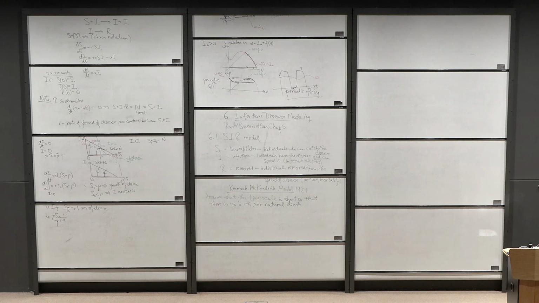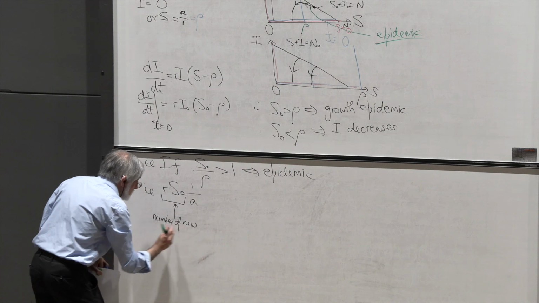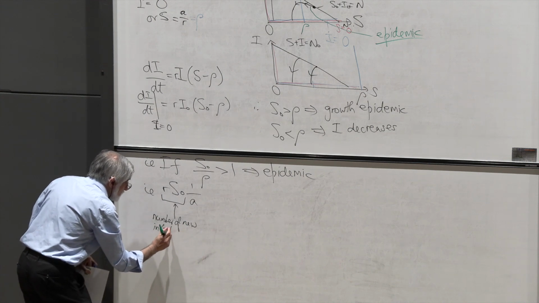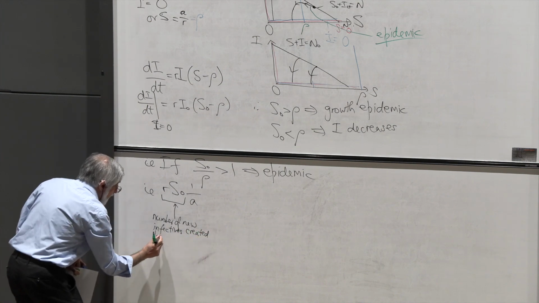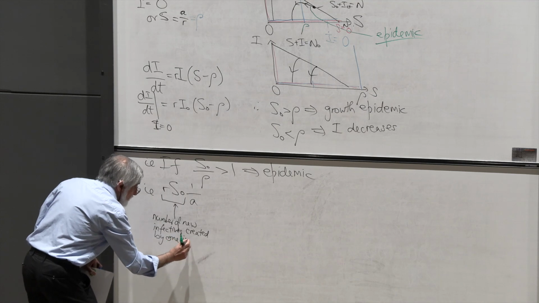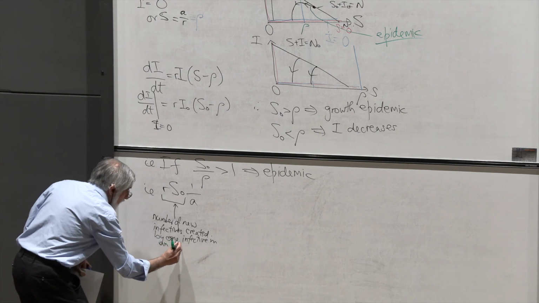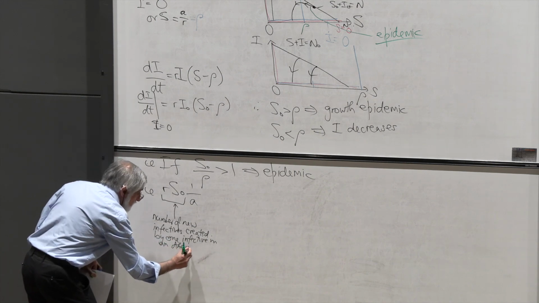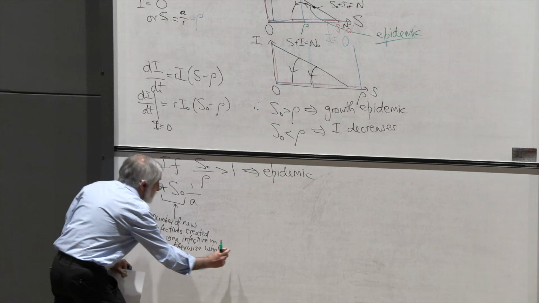And if we had one infective person, this would be the number of new infectives, we've called them, created by one infective in an otherwise wholly susceptible population.